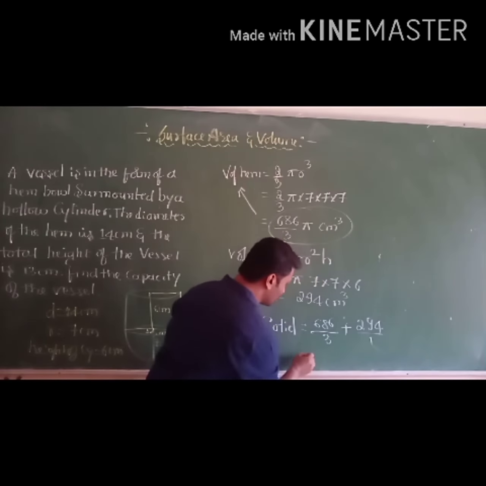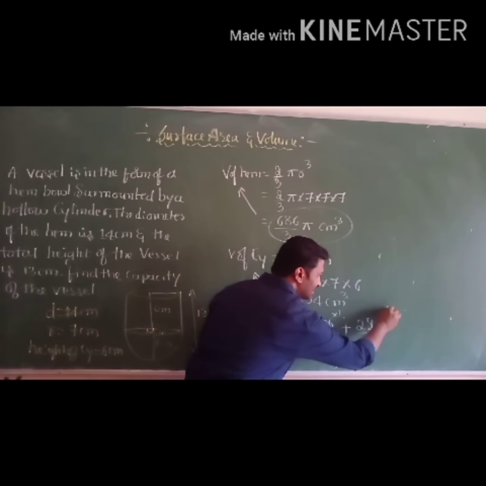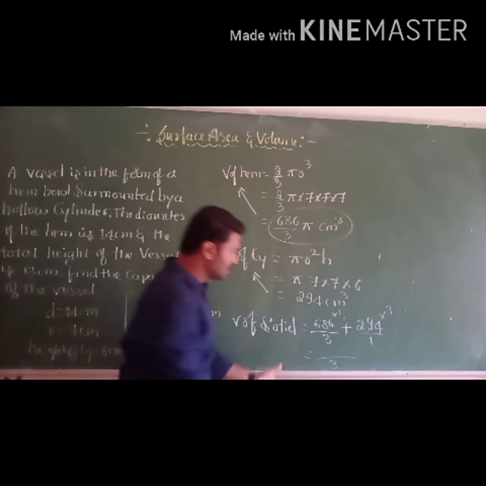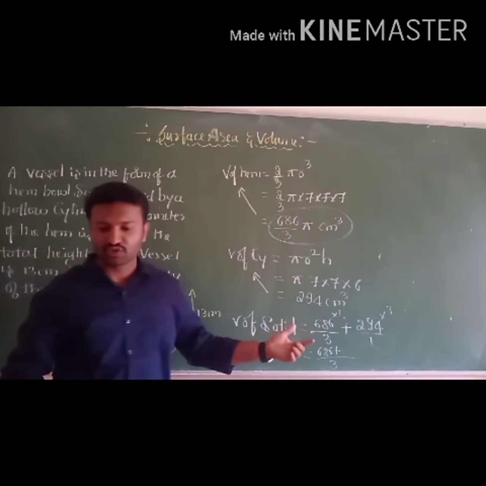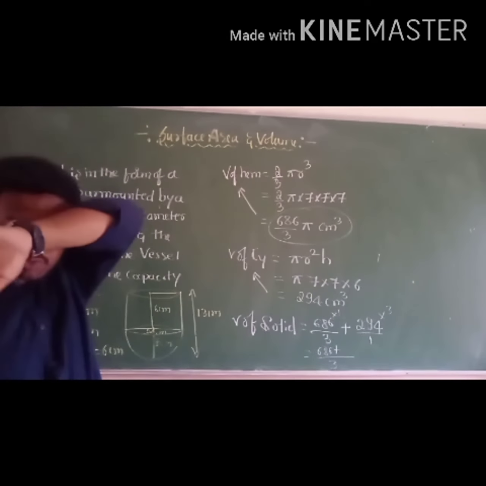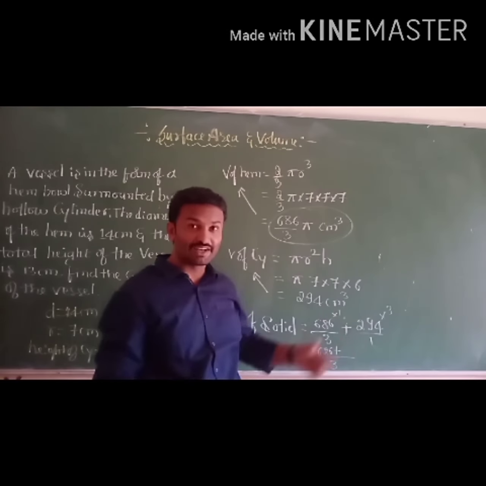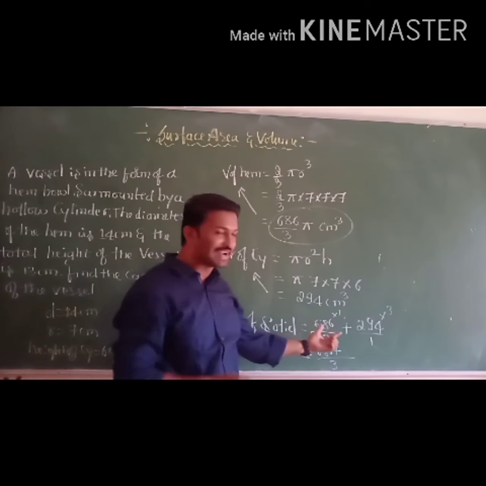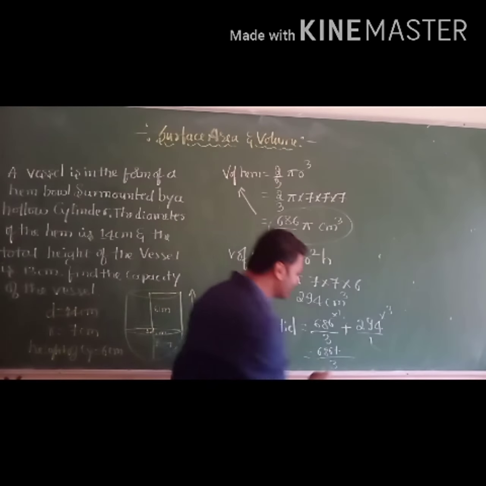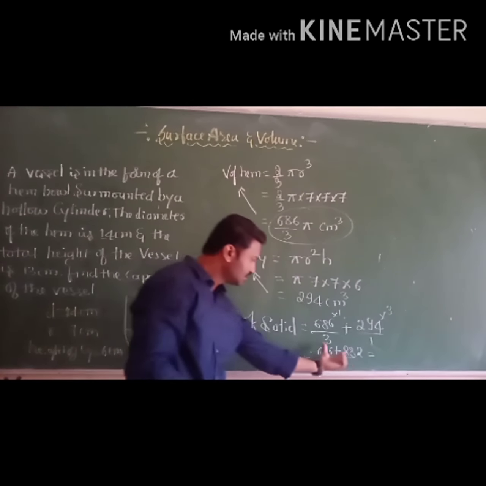Taking LCM, which is 3: 3 ones are 686 plus 294 threes, which is 882.